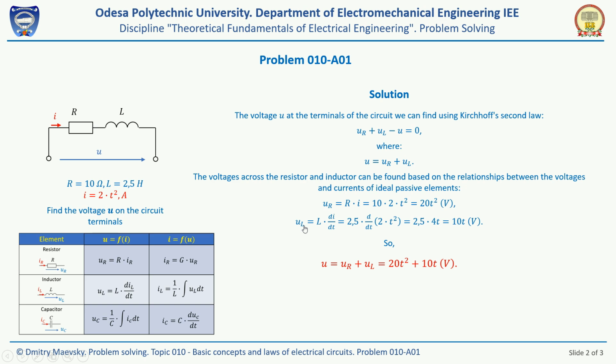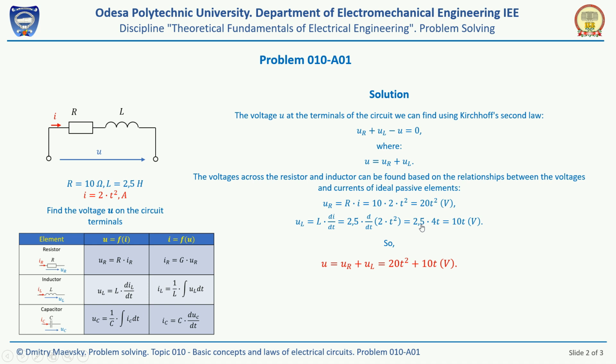For the inductor, the voltage is found by taking the derivative of the current and multiplying it by the inductance. We have an inductance of 2.5 henries. The derivative of 2 times T squared is 4T.